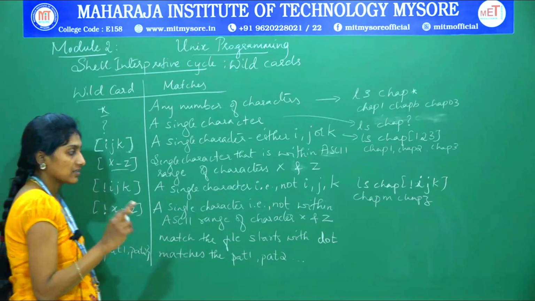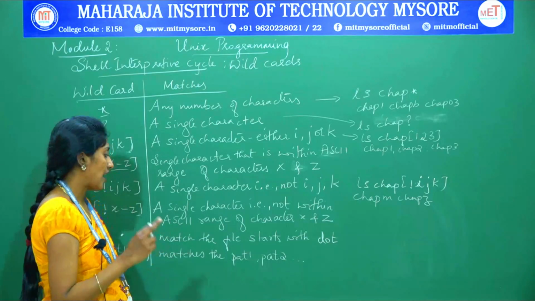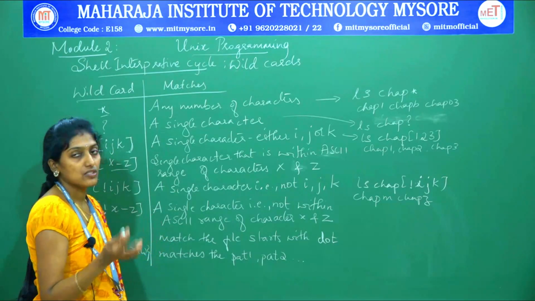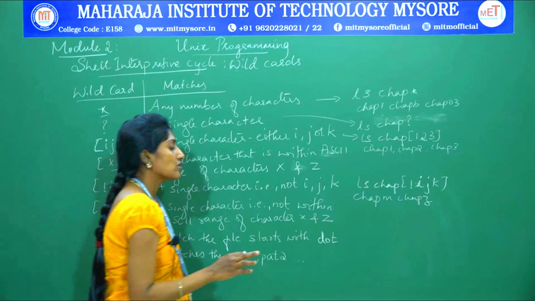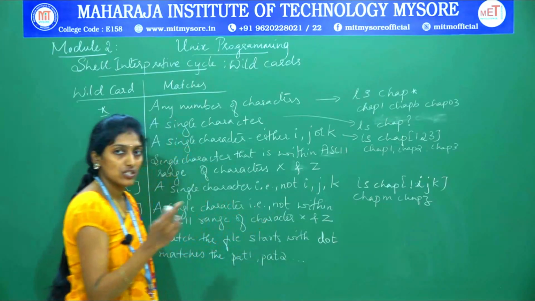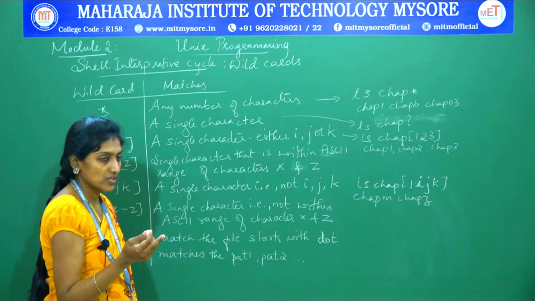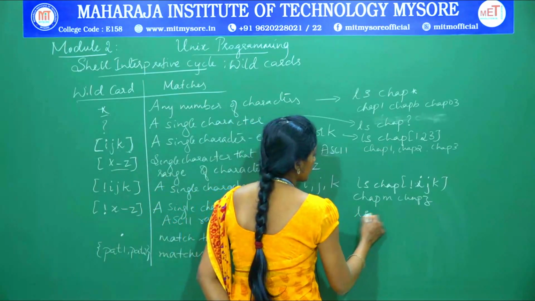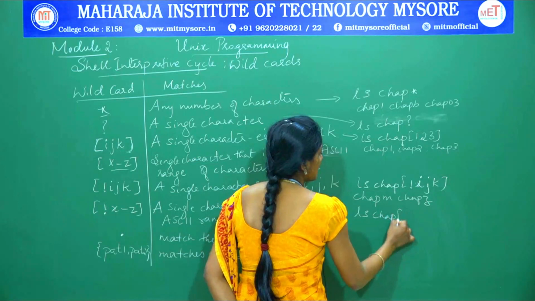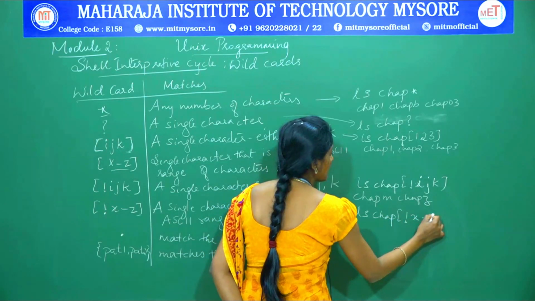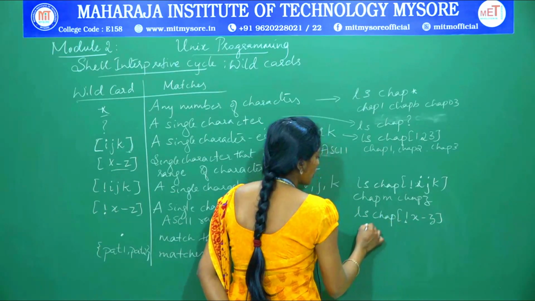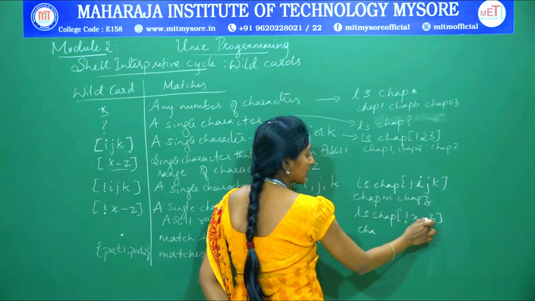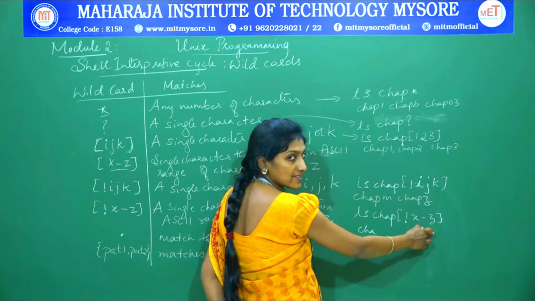Next, negating the x to z range. A single character that is not within the ASCII range of x to z. So here also, apart from the range we have specified, that is x to z, it is not going to match. Let me give that example also: ls chap followed by the negated range x to z. It is not going to match these three characters in the range, x, y and z.